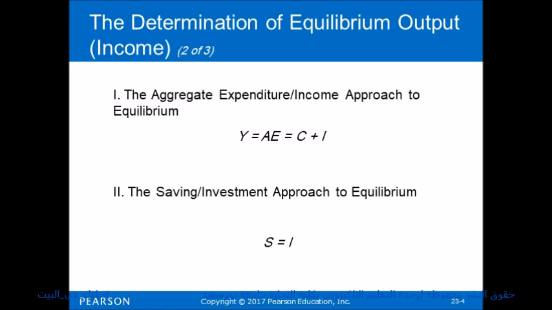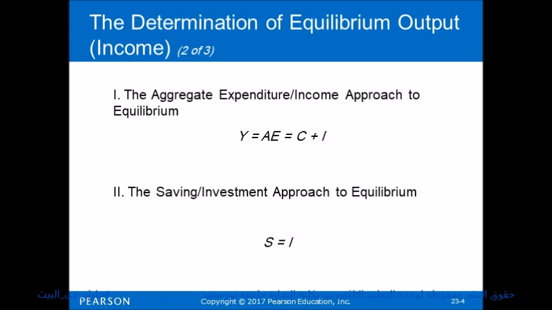This approach says that equilibrium output is achieved or occurs when aggregate output or income, denoted as Y, equals aggregate expenditure, denoted as AE, or the sum of C plus I, that is the sum of consumption and investment.